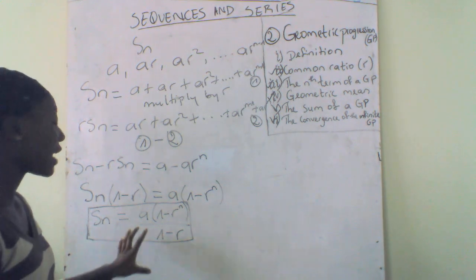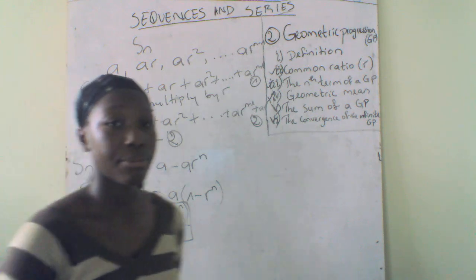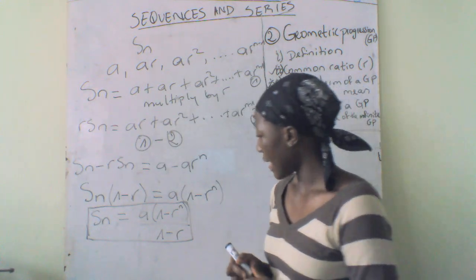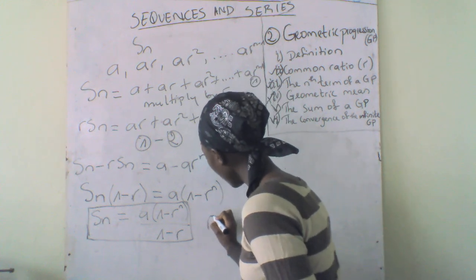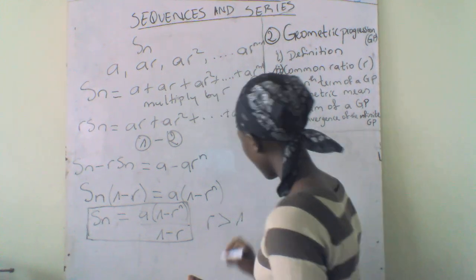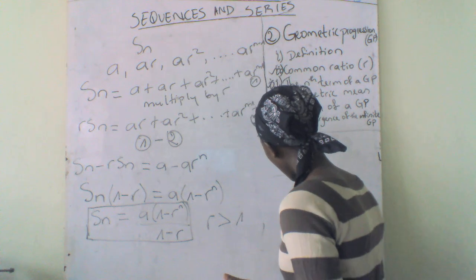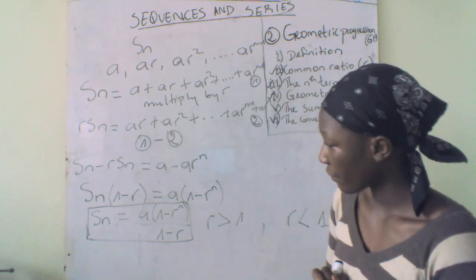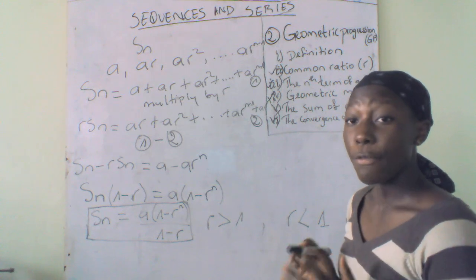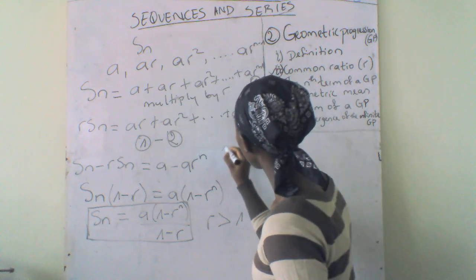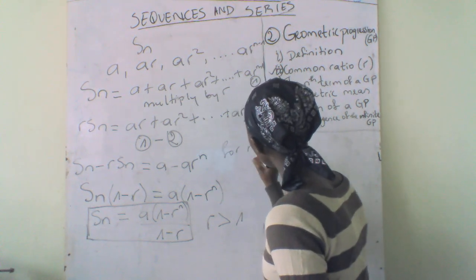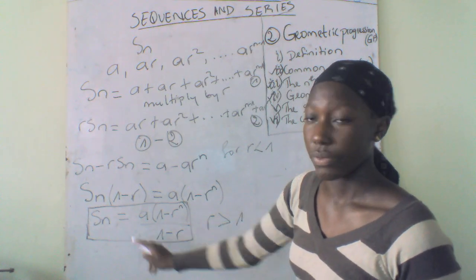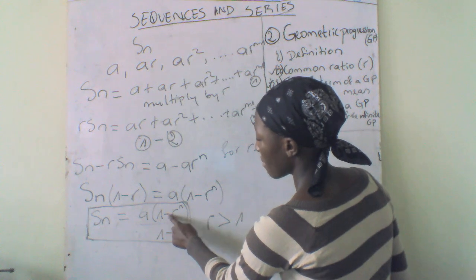From this formula, two cases can arise: the case where r is greater than 1 and the case where r is less than 1. If r is less than 1, this formula will be used, that is, 1 minus r^n over 1 minus r.